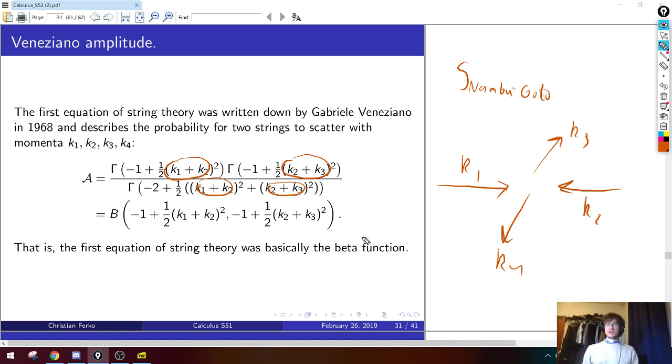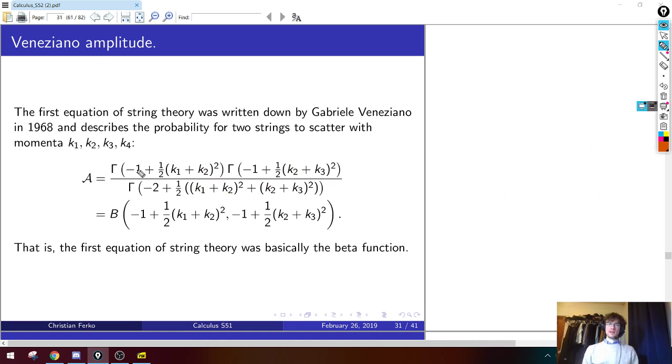So what you should think of this equation as is the right side takes as input the momentum, some vectors that describe how these strings are supposed to be scattering, and then the output, the left side, after evaluating the gamma function, gives you some number. How many strings will scatter with those momenta that you fed into the right side? Good. So this is a famous, the first equation of string theory. You can use this to describe hadron resonances at CERN, but it really started the field.